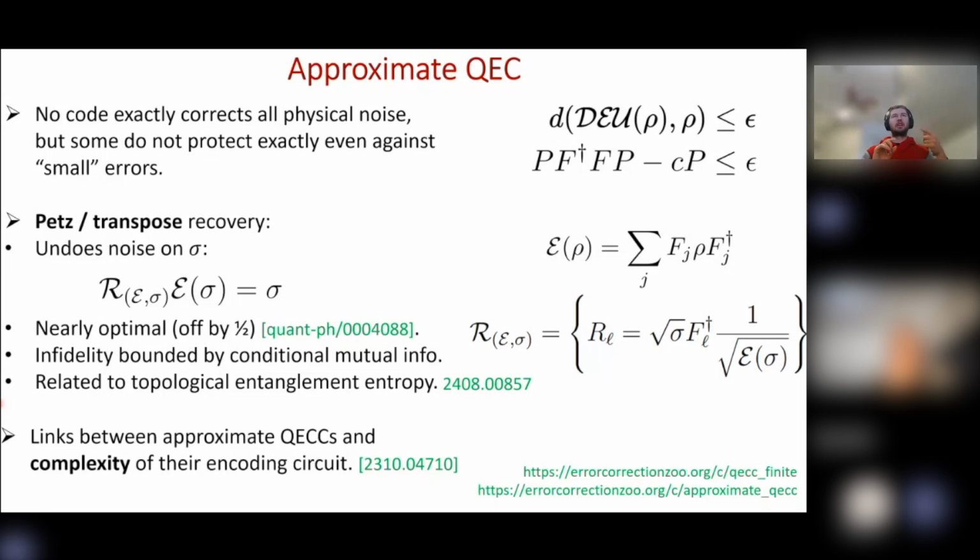Computationally, given a noise channel and an encoding, you can find a decoding fairly efficiently. Conversely, given a decoding and a noise channel, you can find an encoding efficiently. And what Kishore was talking about with seesaw was that people can do this sequentially to converge on some kind of optimal decoding. There's no guarantee you will converge.